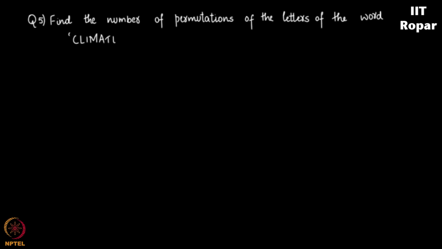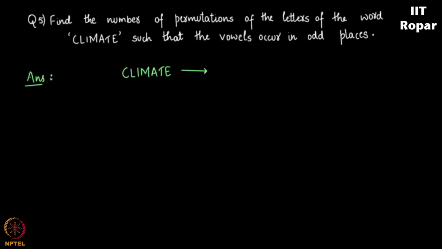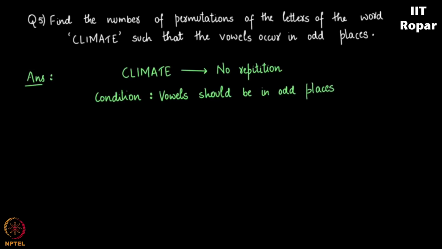Find the number of permutations of the letters of the word climate such that the vowels always occur in odd places. So the word here is climate, and you see it has no repetitions, but the condition given is the vowels should always occur in odd places. Let us understand this.